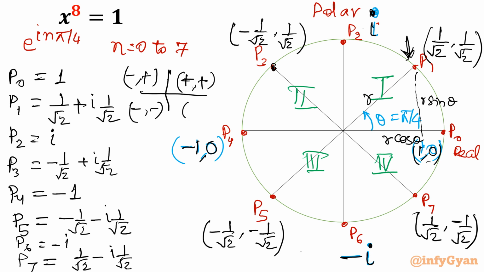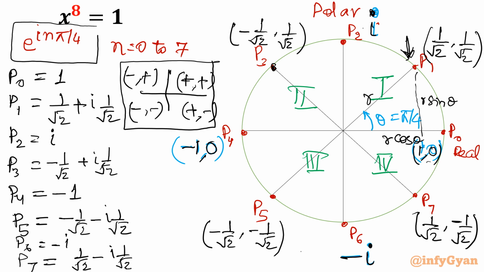In fourth, plus minus. Always you will find out correct answer. Remember, you can check. See, P5 is negative negative, P7 is positive negative, P3 is negative positive. That means it will match without using Euler's formula. Once you know what is written in place of I theta, then you can immediately process your polar form.